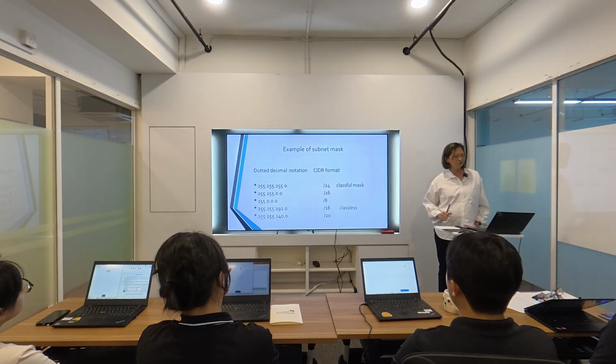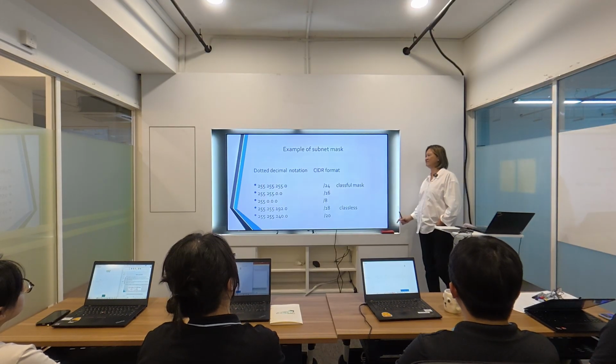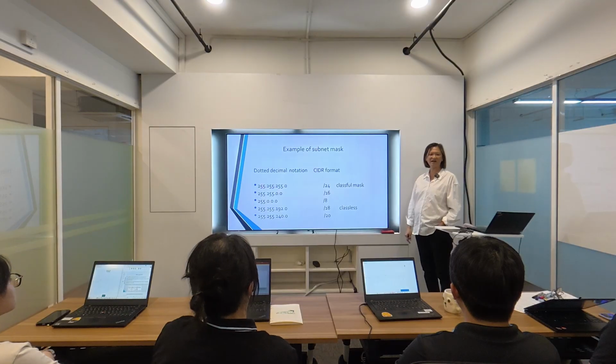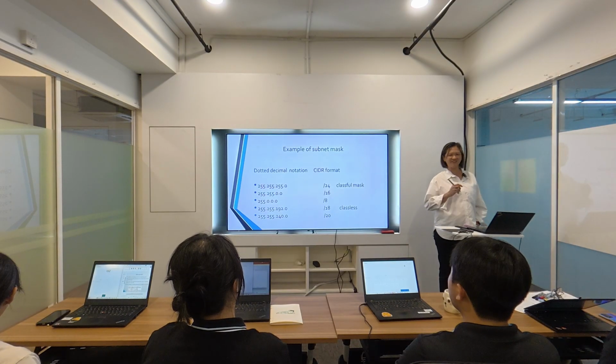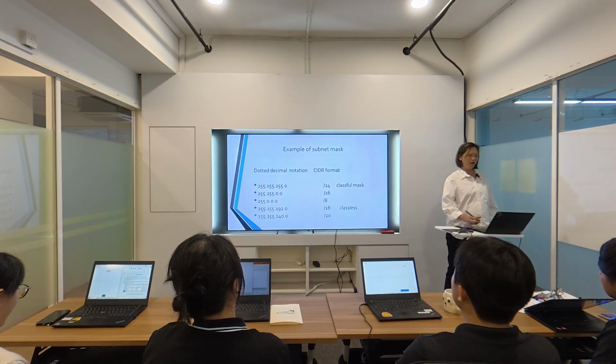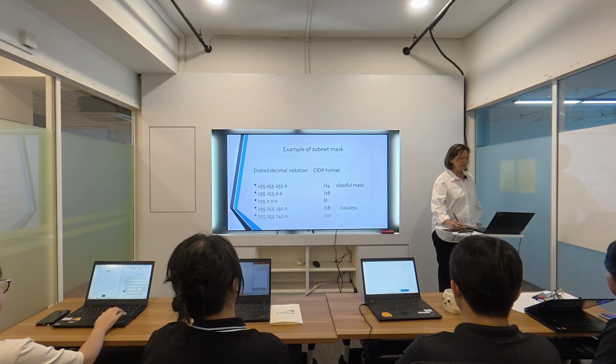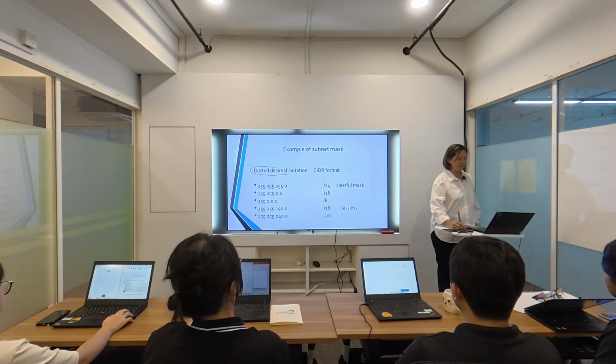Now the next slide shows you the other subnet masks that you may see. Of course most of the time we see 255.255.255.0, which is in dotted decimal notation.